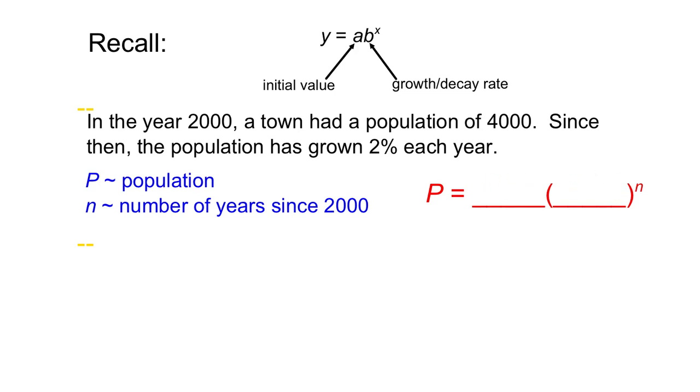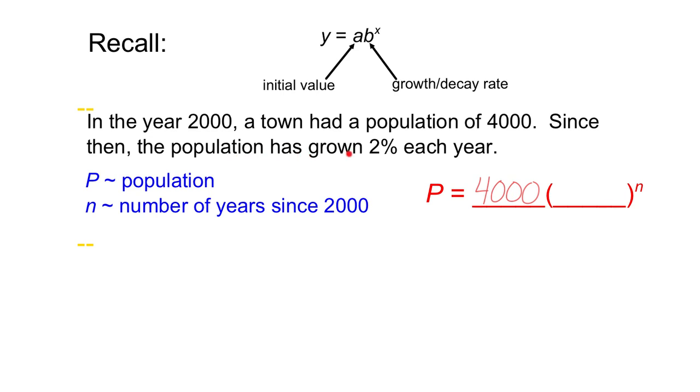Well, a is the initial value. So what is my initial population? Well, it started with a population of 4,000 in the year 2000. So my initial value is 4,000. And what's my rate of growth or decay? Well, is it growing or decaying?